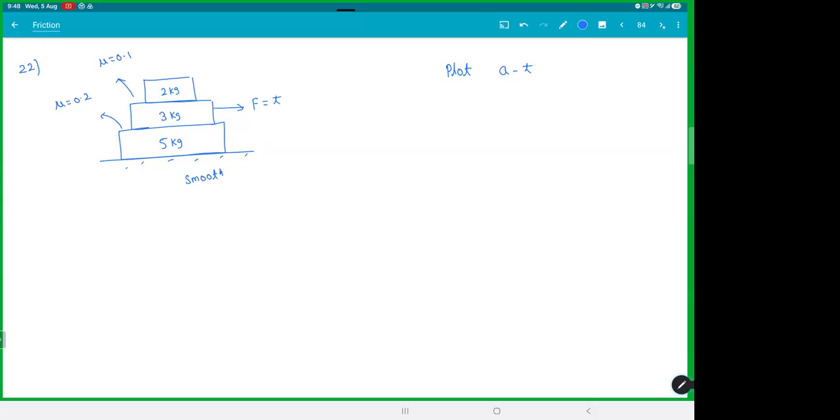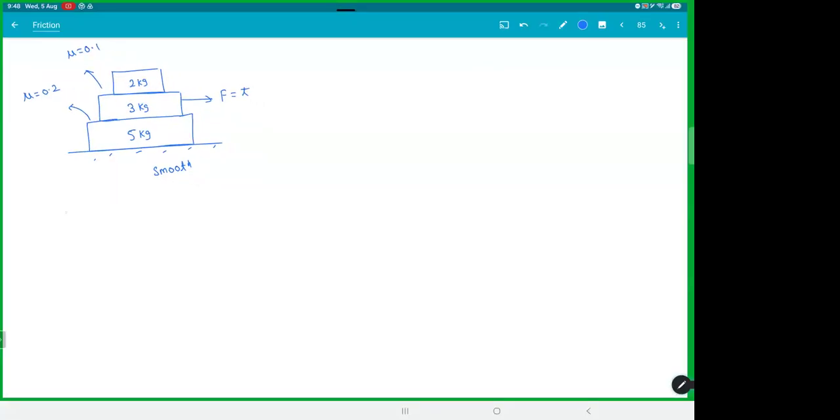Okay, let's see. So step one, assume all are going together. Then we get acceleration is equal to t by 10. This is the same story.